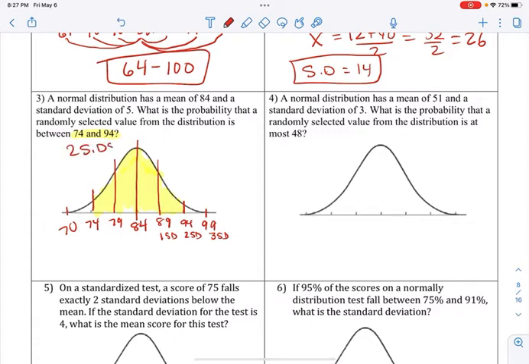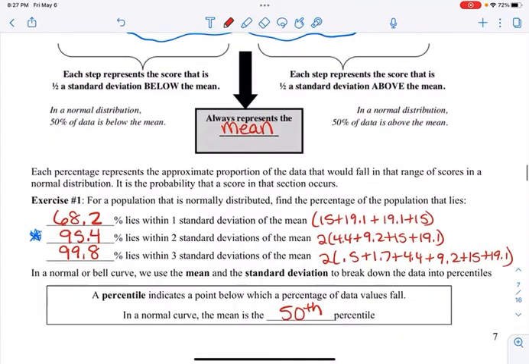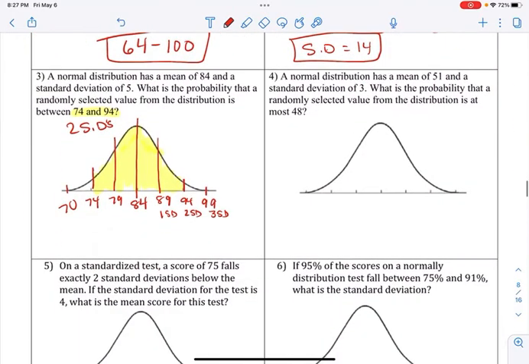If I go back to my numbers right here, which you're going to get used to, what percent of the scores were within 2 standard deviations? 95.4%. Okay, so that's my answer, 95.4%. So you do have to know those numbers. I'm going to show you how to do it on the calculator as well, though.